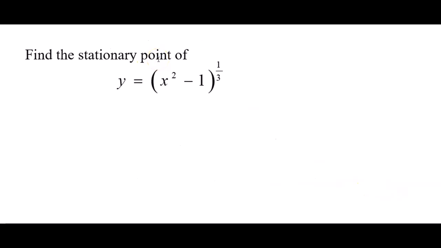Another example, I have the function y equals (x squared minus 1) to the power of 1/3. I need to get the stationary point of this function. First of all, again, I will repeat the same method, that is finding dy/dx. For this function, I will use the chain rule, which means I differentiate the power as the outer layer, then multiply by the derivative of the inner layer, that is x squared minus 1.